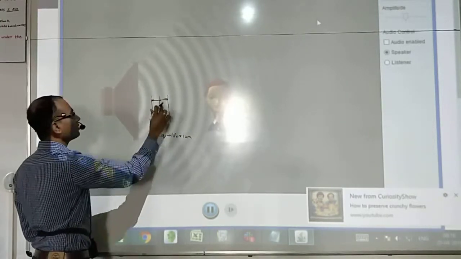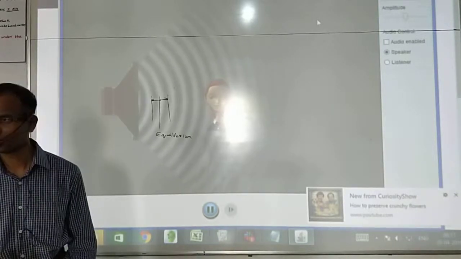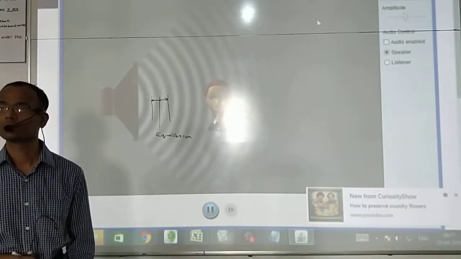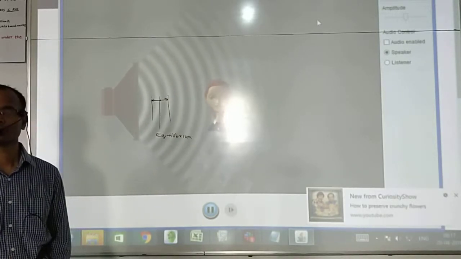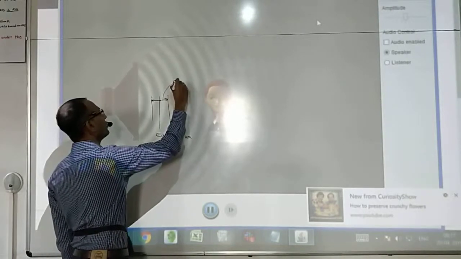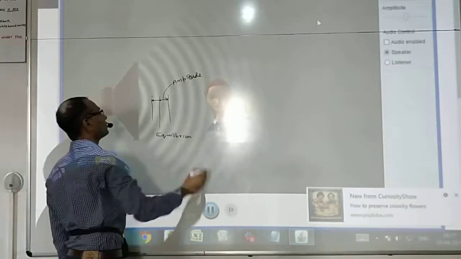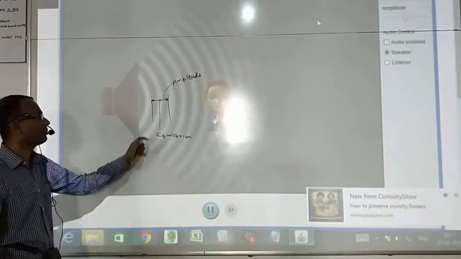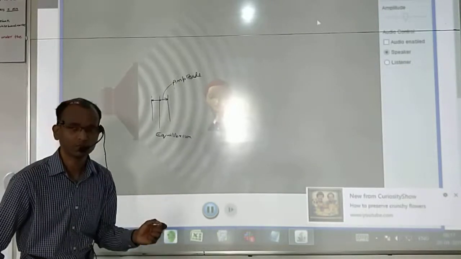This maximum distance which it moves from its equilibrium position to the extreme position is called what? Amplitude. So please note this down. Amplitude is the maximum displacement of each particle of the medium from its equilibrium position.